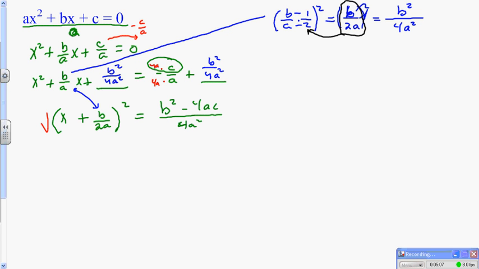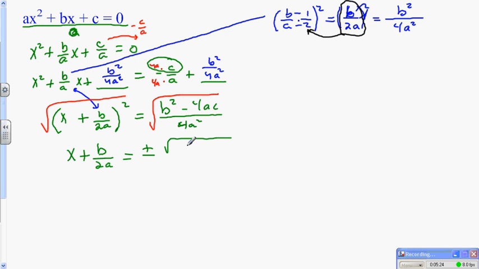Our next step, since we have it written as a perfect square, is to square root. Now the numerator cannot be rooted, but the denominator can. The square root of 4a squared is 2a. We then subtract.